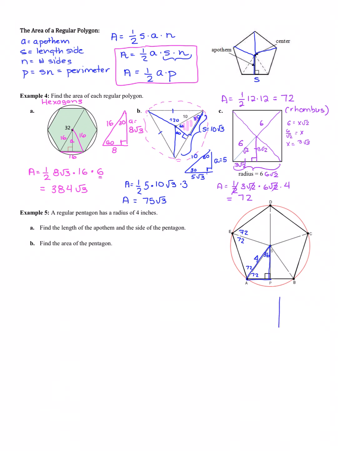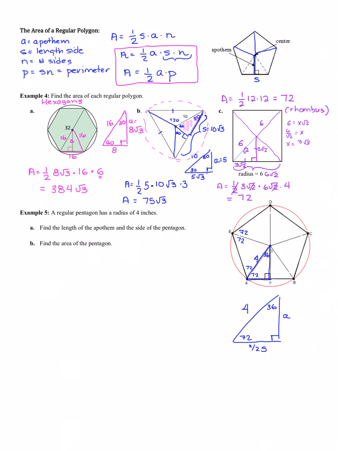I'm going to pull it down here so we can write a little more in it. So this angle's 72, this angle's 36, my radius is 4, this is my apothem, and this is half of the side, because we're eventually going to need to know the whole side.